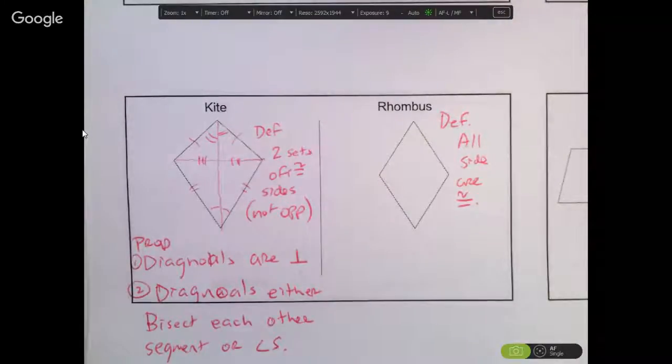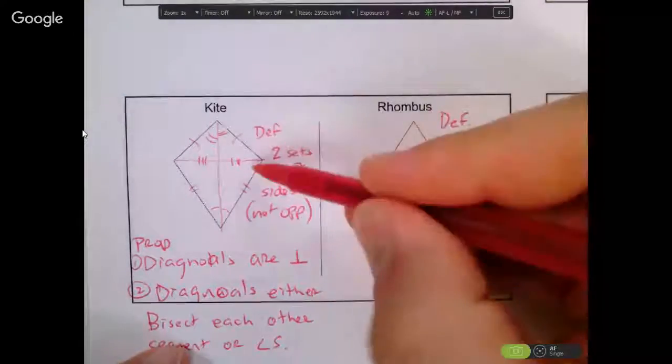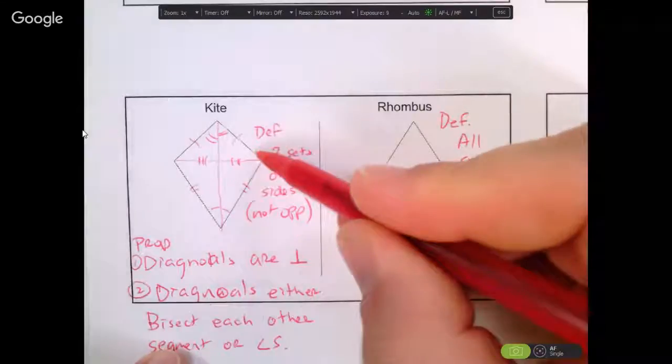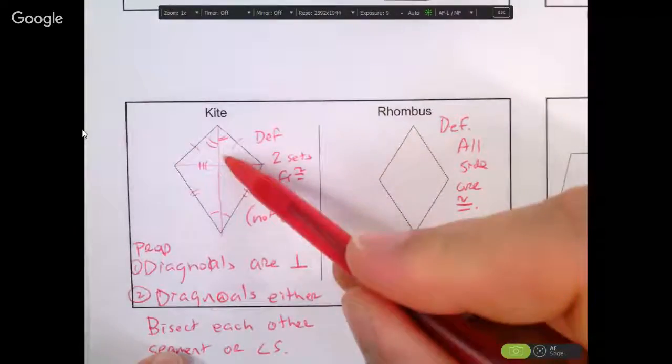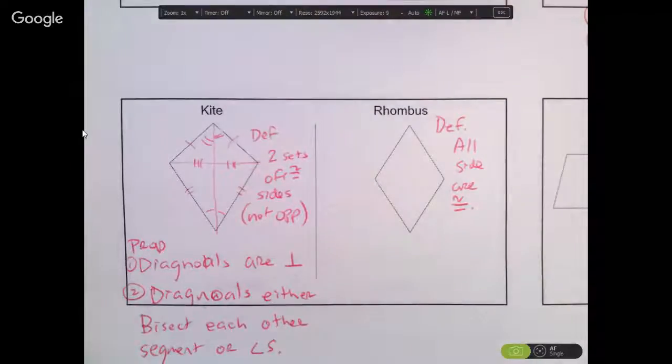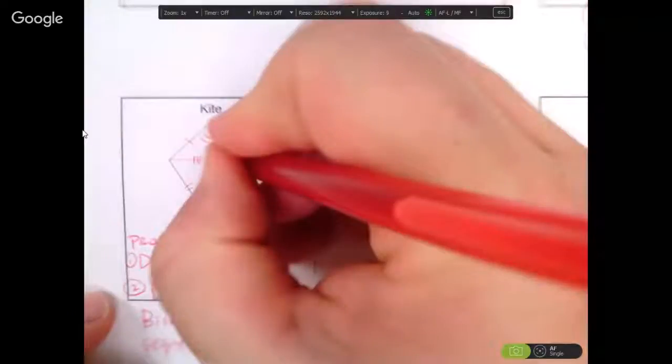You have one set of segment bisectors, and then you have two angle bisectors. When you bisect an angle, it doesn't matter as long as you can represent this picture. And we know that these angles aren't congruent. We also know that these segments are not congruent. Oh, you forgot to put the 90-degree thing in. That's a good idea.